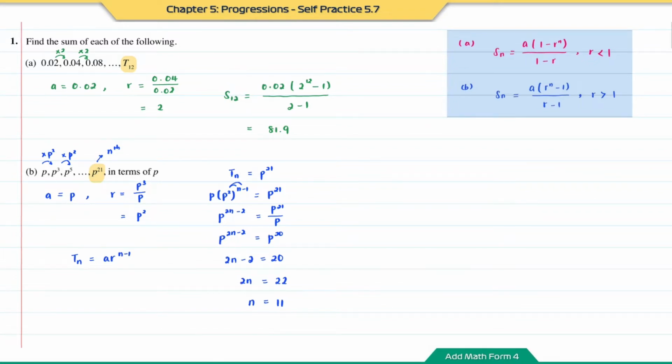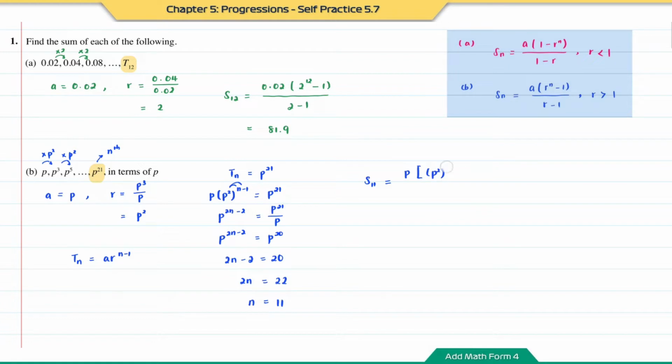So here we want to find the first 11 terms of this geometric progression. So it's going to be S11. So we use the formula B here. The a will be p, and the r will be p squared.